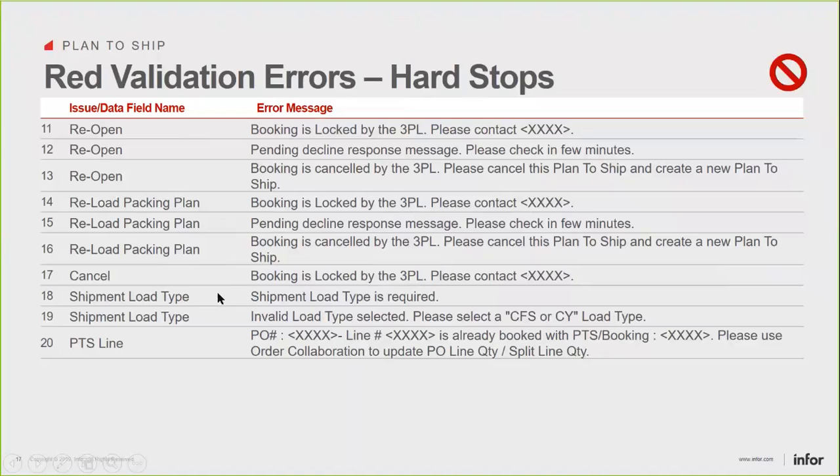If it's not selected, the error message will be displayed. So the supplier needs to get this field updated. And if an invalid load type is selected, the message will be displayed: invalid load type selected. Then for the order lines on the plan to ship, if they are already booked on a booking, then errors will be triggered.